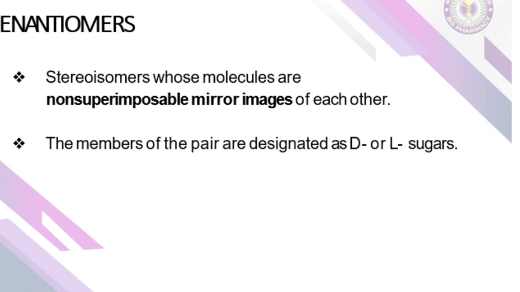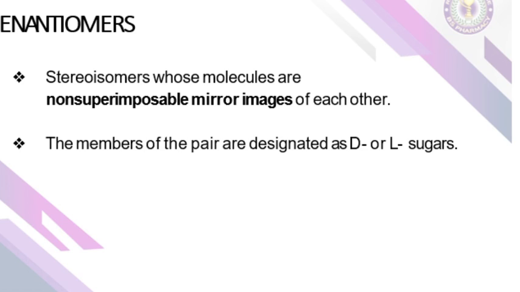So again, here are the enantiomers. L-glucose and D-glucose are what we call your enantiomers. They are stereoisomers. Stereoisomers are compounds having the same molecular formula. It means like C6H12O6, your glucose has 6 carbons, 12 hydrogens, and 6 oxygens, but they could differ in their structural form.